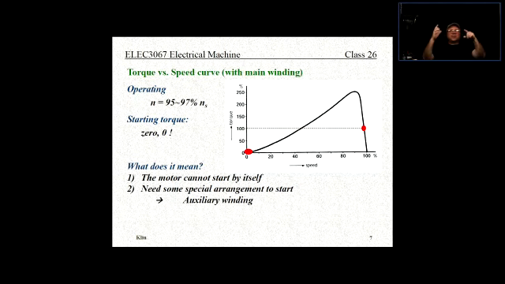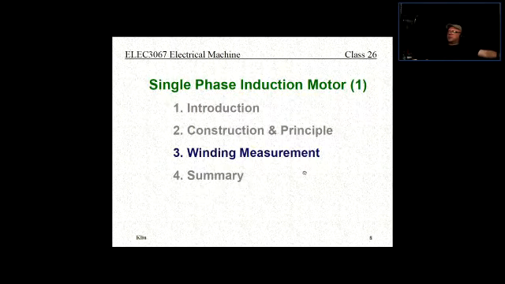So there is nothing revolving there, so we're not going to have a starting motion. That's why we need the auxiliary windings to start it, and then we disengage those. So starting torque is going to be 0. What does that mean? The motor cannot start by itself, it needs some special arrangements to start, and this is the auxiliary winding that we just talked about. Okay, so this one went fast.